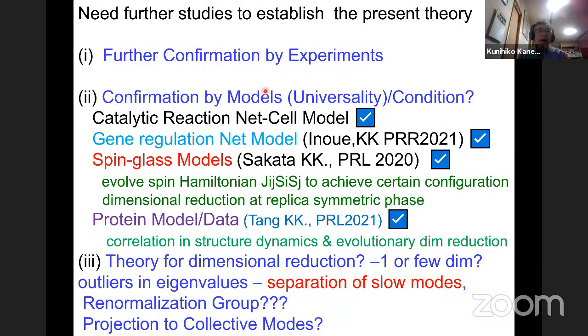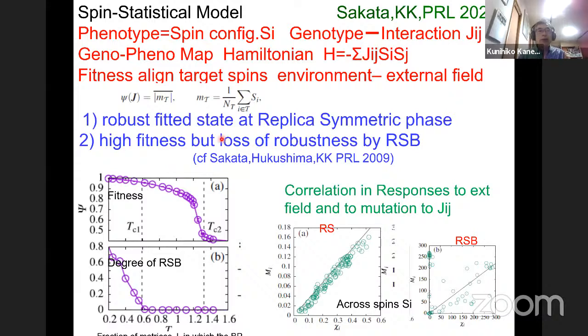So far, theoretically, we checked this in the catalytic reaction network model, as I said, but it's also true in a gene regulation network model. And we also did a spin glass model. In this spin glass model, we consider the phenotype as a spin configuration S_i, determined by a spin Hamiltonian J_ij S_i S_j. Here, the genotype is given by J_ij.